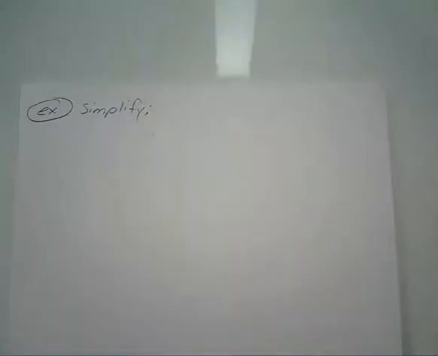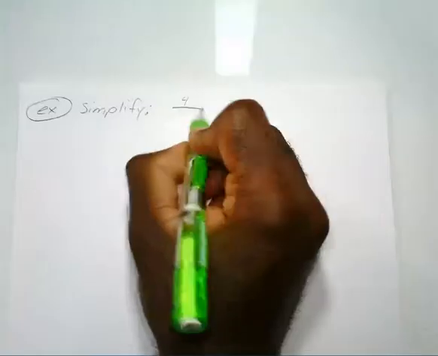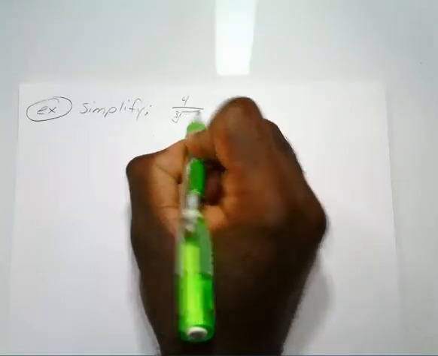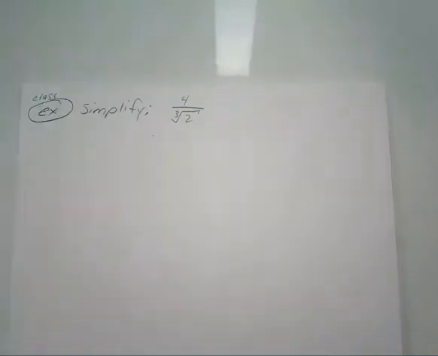Remember, it could say rationalize the denominator, simplify, divide. It's all the same thing. Say 4 over the cube root of 2. Alright, so what I want you to do is press pause and work on this one yourself.